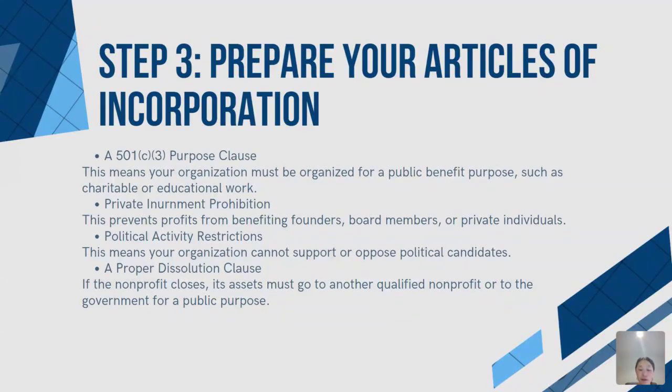This prevents profits from benefiting founders, board members, or private individuals. You also need political activity restrictions. This means your organization cannot support or oppose political candidates. And lastly, you need a proper dissolution clause. If the nonprofit closes, its assets must go to another qualified nonprofit or to the government for a public purpose. I also recommend adding board members, but it's not required.